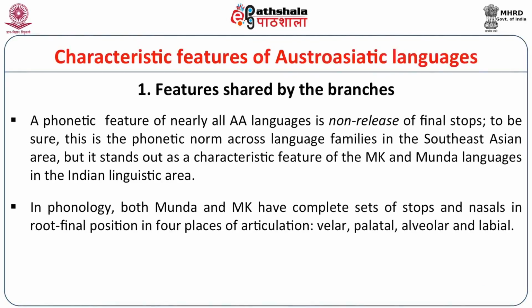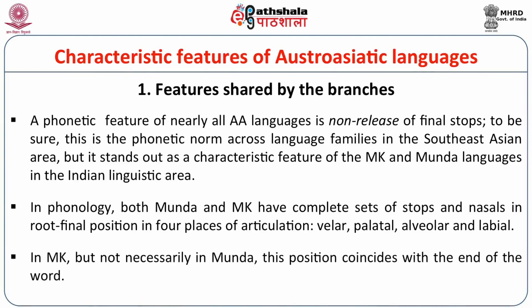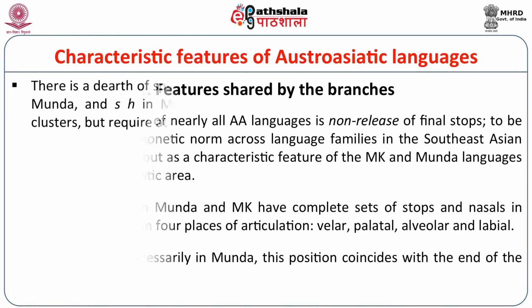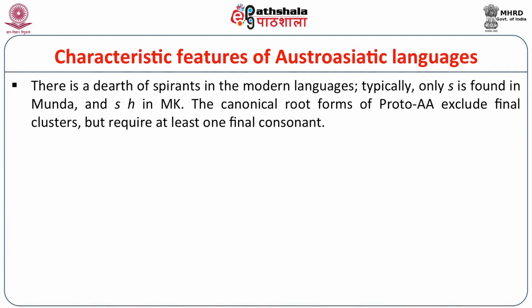Then in phonology, both Munda and Mon-Khmer have complete sets of stops and nasals in the root final position in four places of articulation, that is velar, palatal, alveolar, and labial. So in Mon-Khmer, but not necessarily in Munda, this position coincides with the end of the word. There is a dearth of spirants in the modern languages.